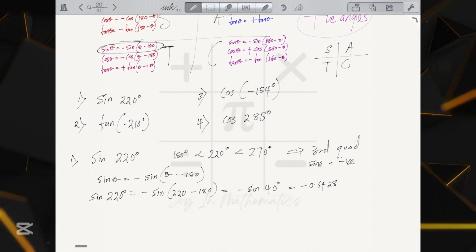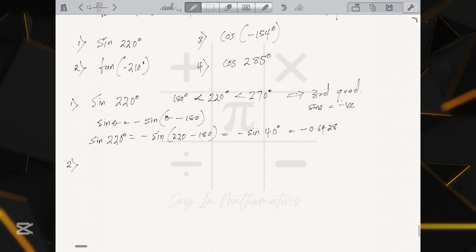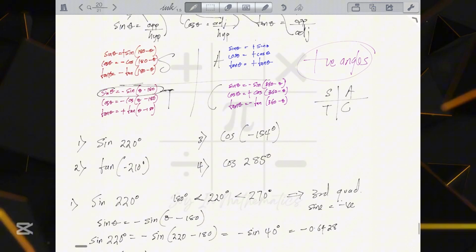That's been solved. Let's look at question number 2, which is tan minus 210 degrees. Now the question is, where does minus 210 degrees fall? Meanwhile, we made emphasis that this analysis works only for positive angles.